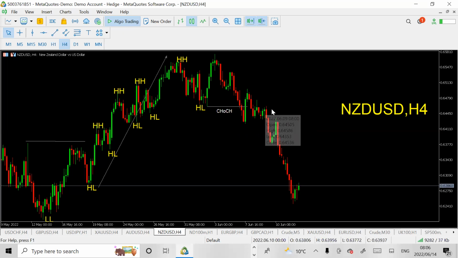Now it starts creating lower highs. When a CHoCH is formed, it creates a break of structure, a BOS, which I'm going to mark here. So this was our break of structure. Before anything, you mark a CHoCH, and also you mark a break of structure.